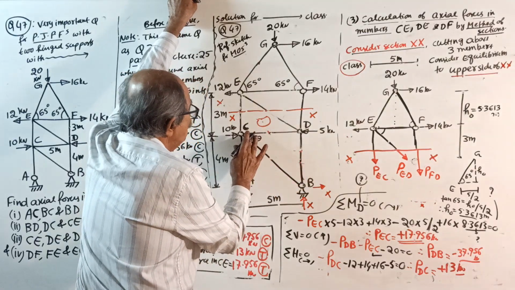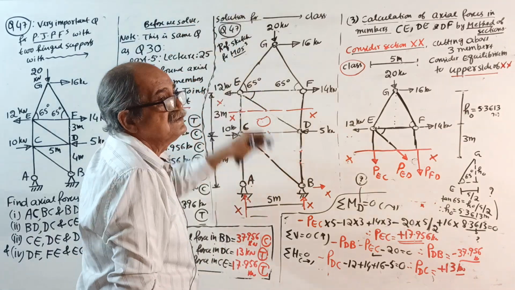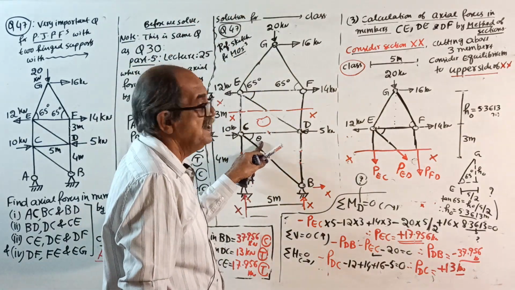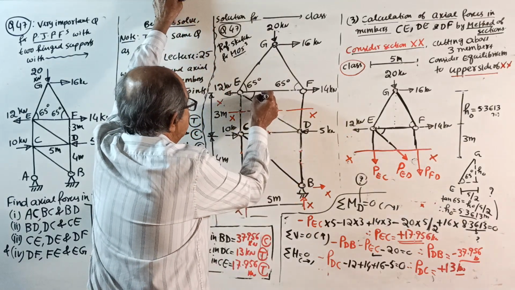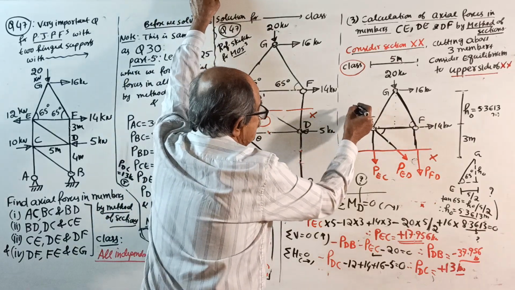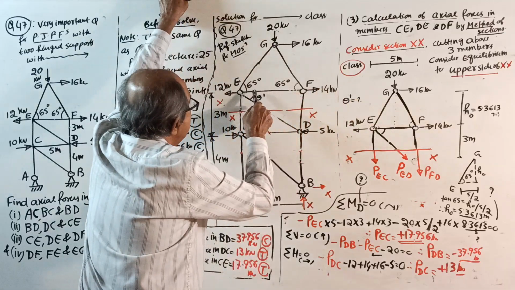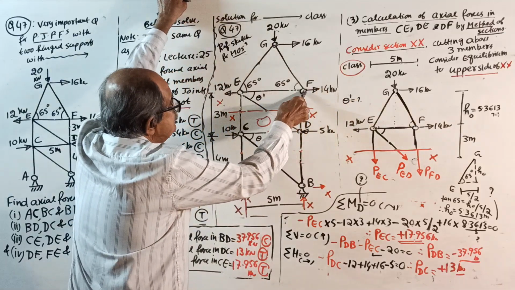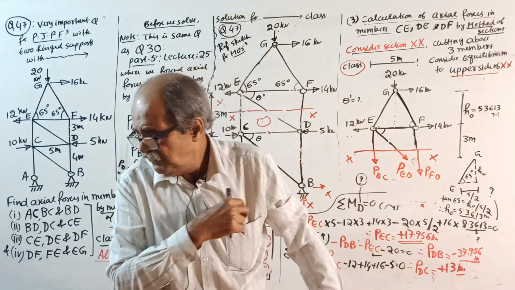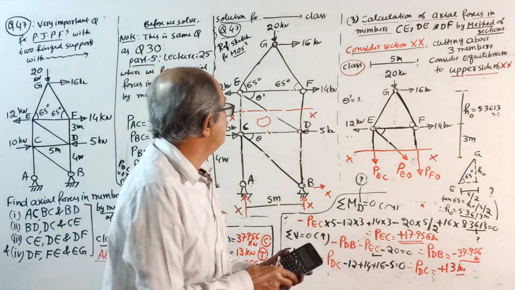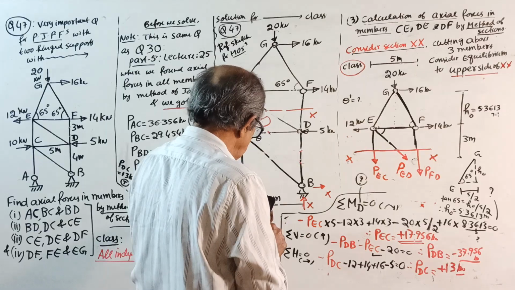Okay, but now do one thing. You take this angle as theta, but someone will tell, sir, already you took theta there. Okay, theta dash. Theta dash is tan inverse of 3 divided by 5.